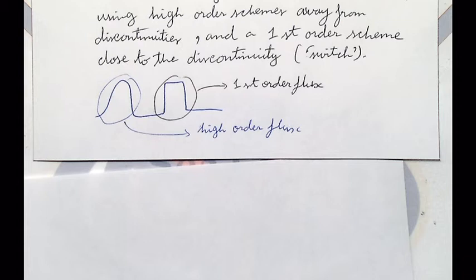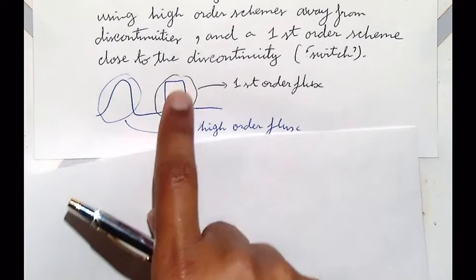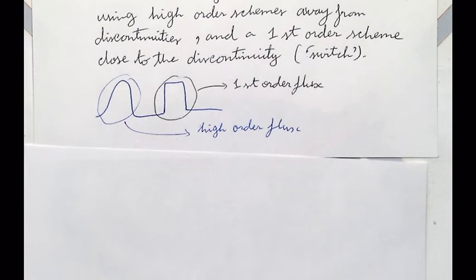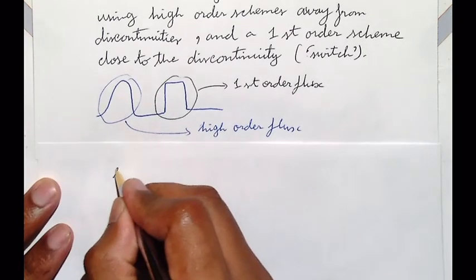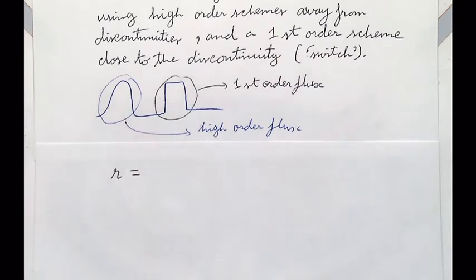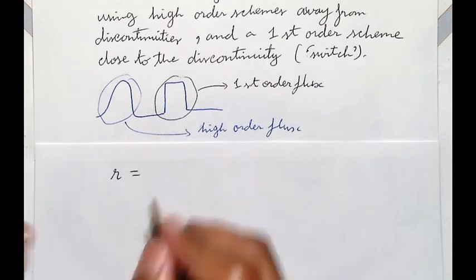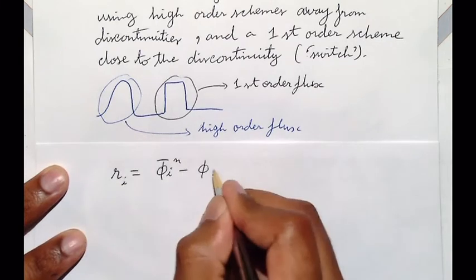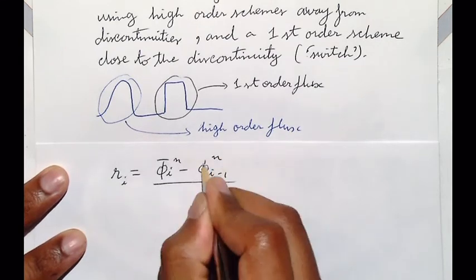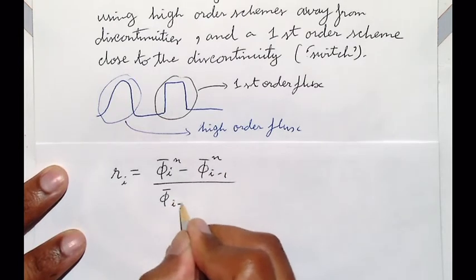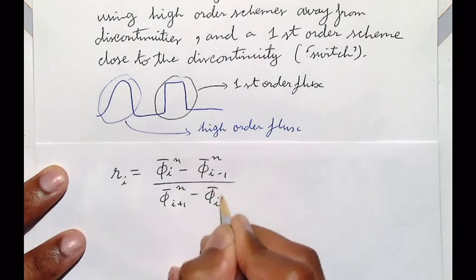Taking a derivative? Yeah, you can take a derivative, right? But derivatives here are infinite, right? Spatial derivatives at the sharp interface. So what they did was they said, okay, I will take a ratio r, and it's phi bar_i^n minus phi bar_(i-1)^n, divided by phi bar_(i+1)^n minus phi bar_i^n.